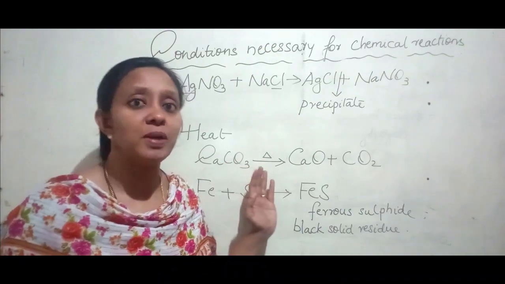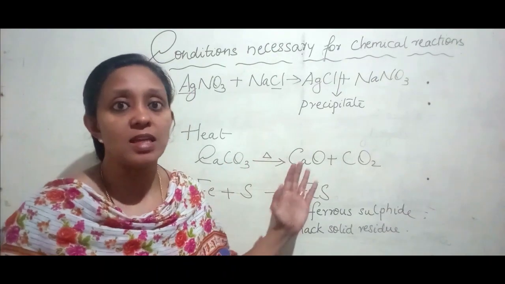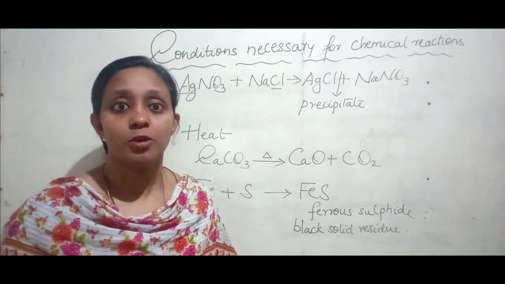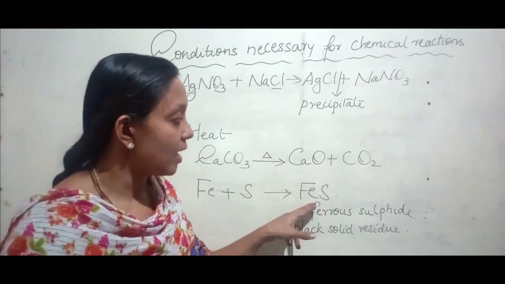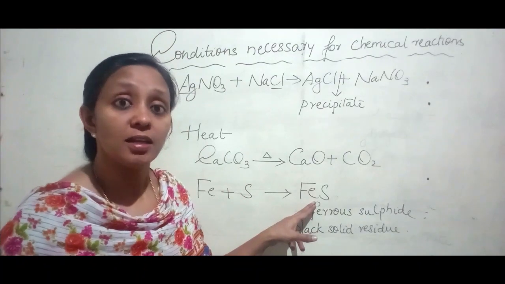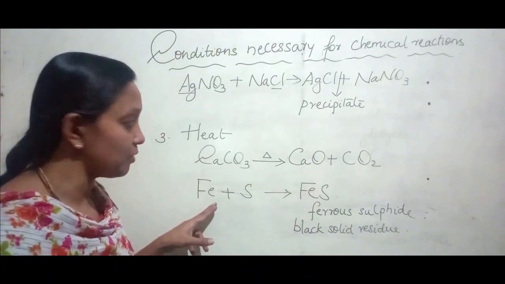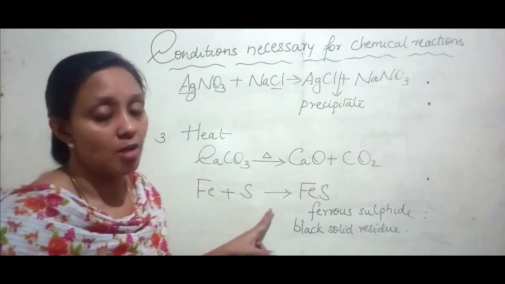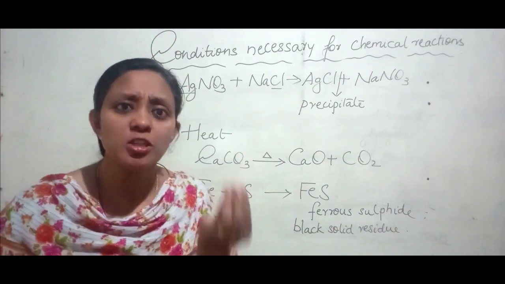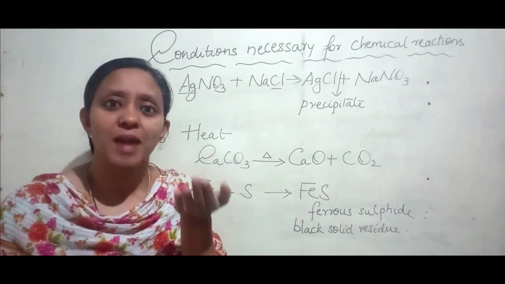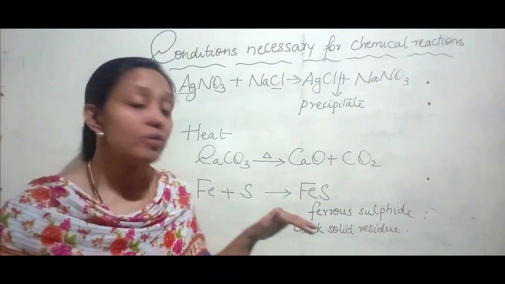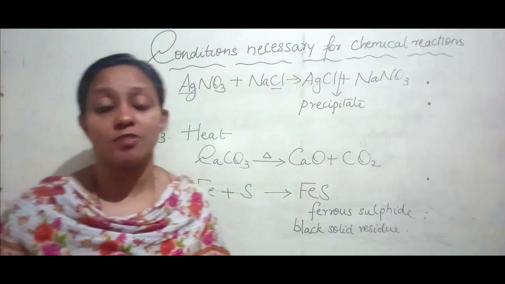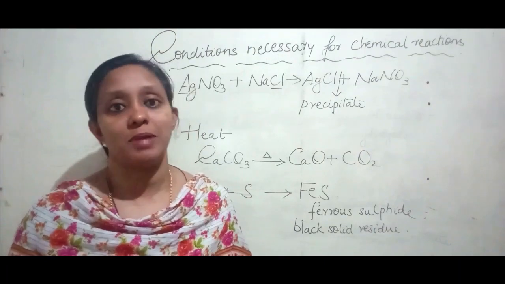So it is simply a dry heating test. Followed? So this is a solid residue which will be left behind, and ferrous sulfide here, which is obtained as a result of heating iron filings and sulfur powder, is also a residue, a solid black colored substance left behind.